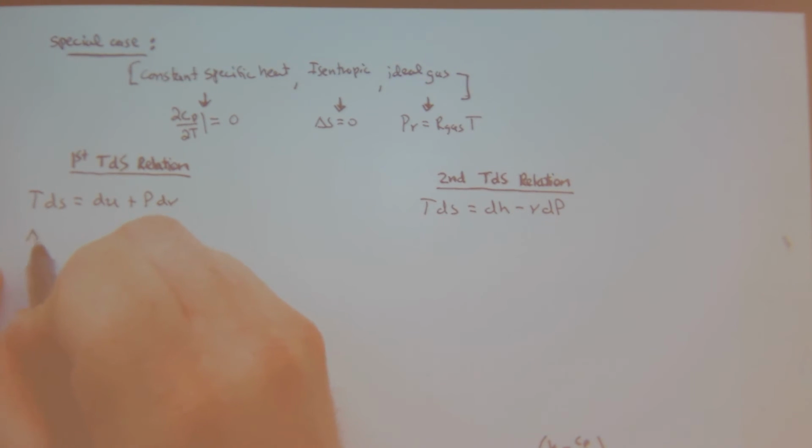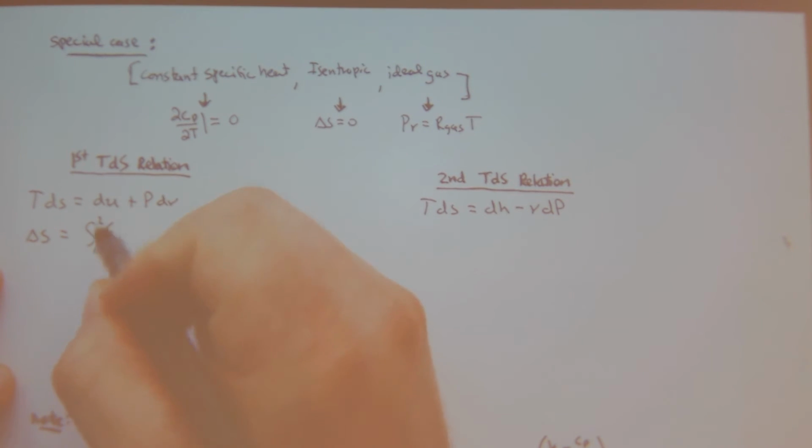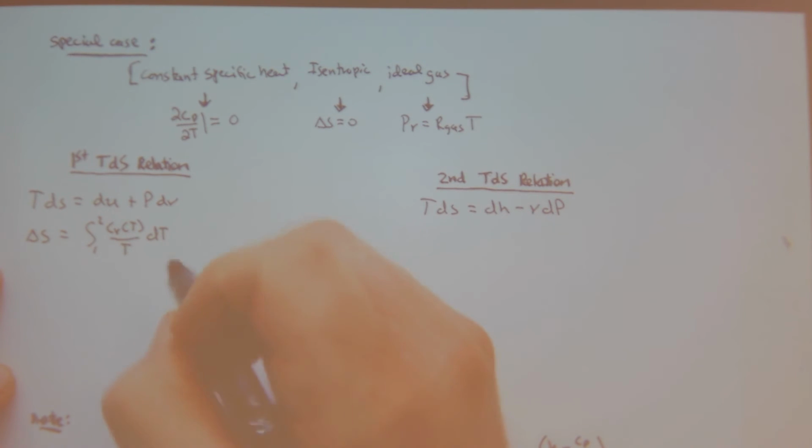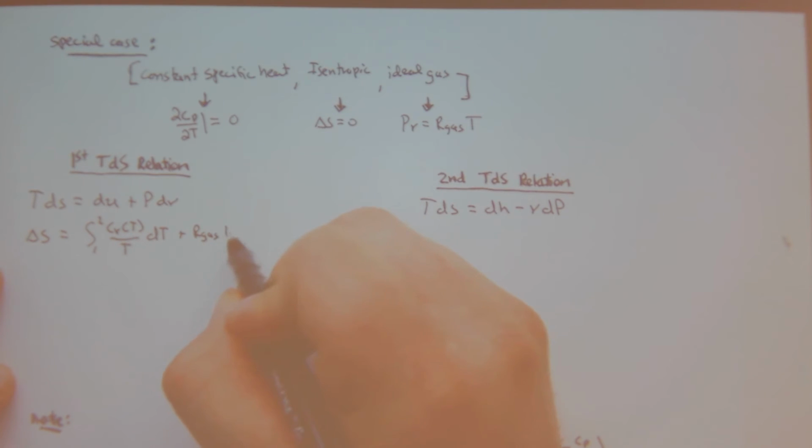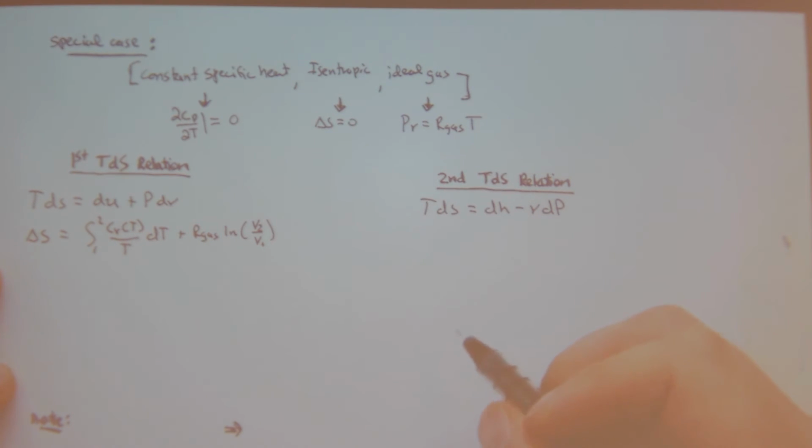From this I can go, delta S is equal to the integral from 1 to 2 of Cv of T over T dT plus R gas natural log V2 over V1.